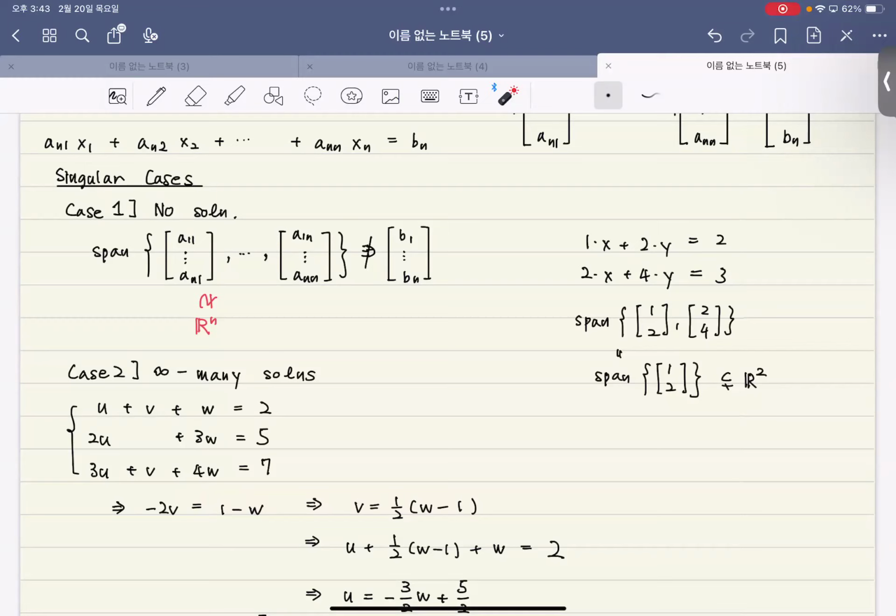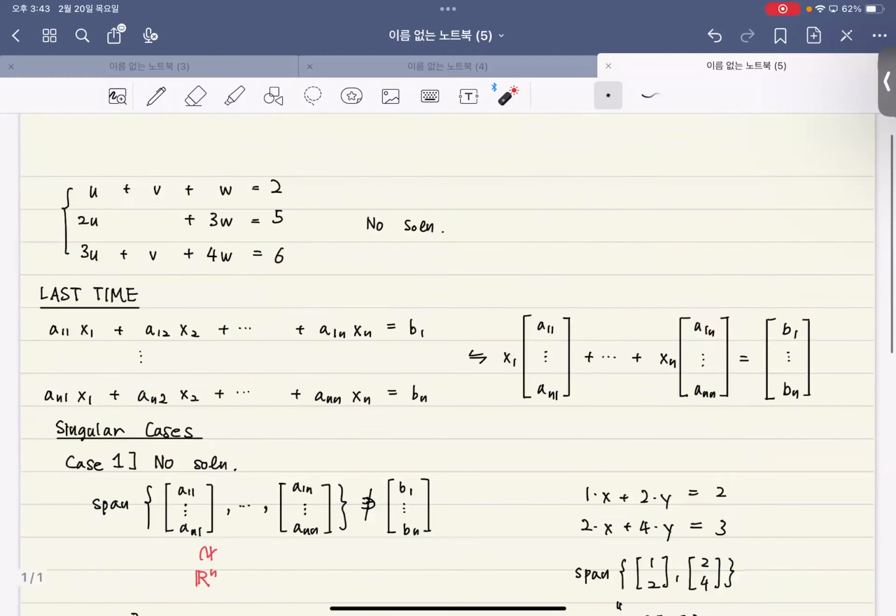Precisely, this is a two-dimensional space. And this time around, I had no solution because the span of these columns, which was actually a two-dimensional plane, did not contain this vector. That is why you were not able to find the solution.